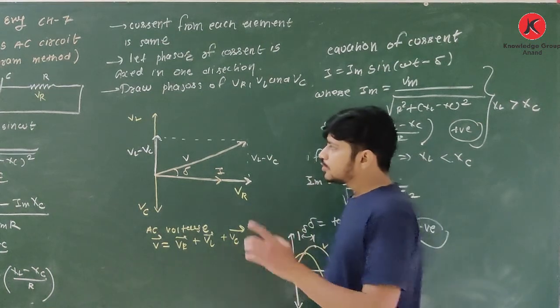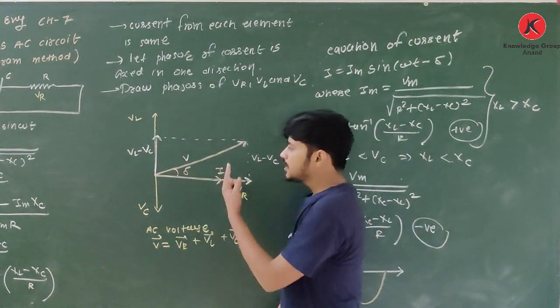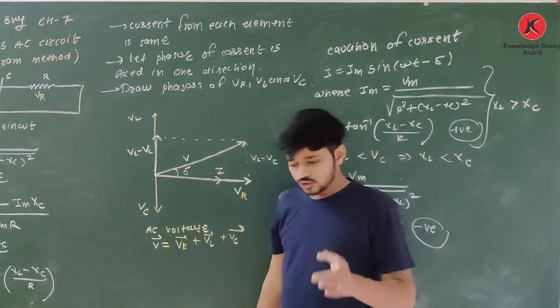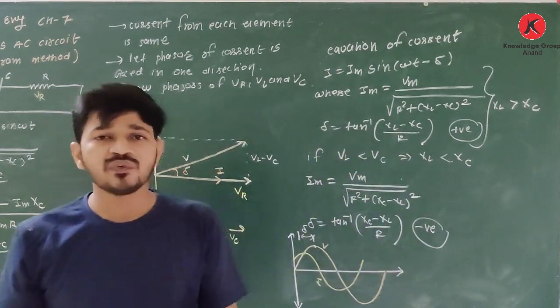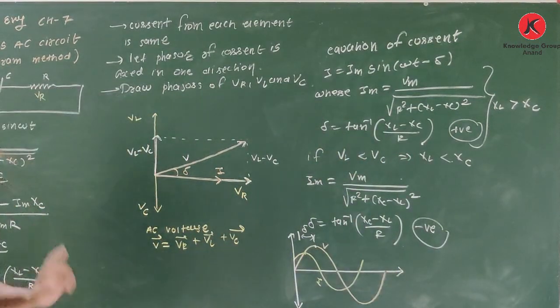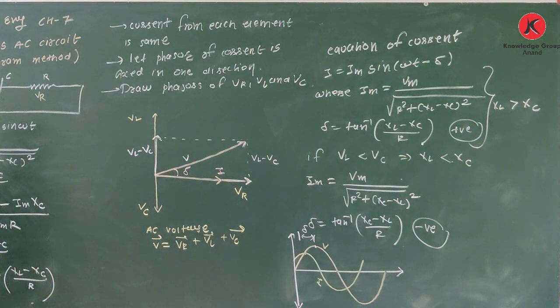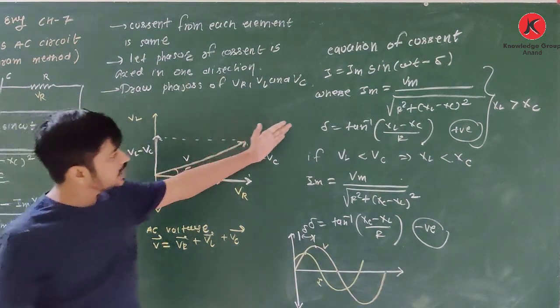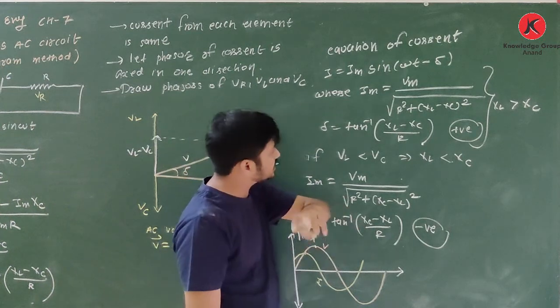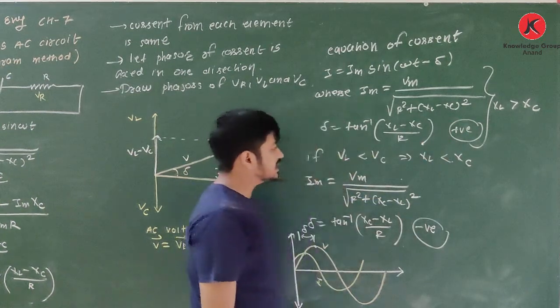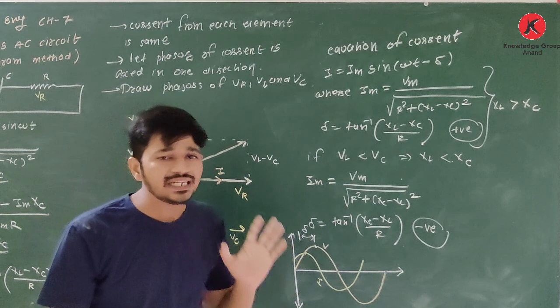First of all, you have to draw this figure, then this phasor diagram, then obtain the equation of Im, the maximum current, and then the equation of phase difference. We can consider two cases: when XL is greater than XC and when XL is less than XC.